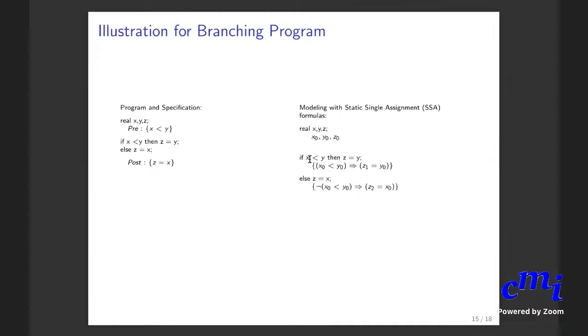If x is less than y, then you assign y to z. This behavior of this side of the conditional statement can be modeled using this implication: if x0 is less than y0, then z1, the value that defines the variable z after this assignment, should be y0, correct?